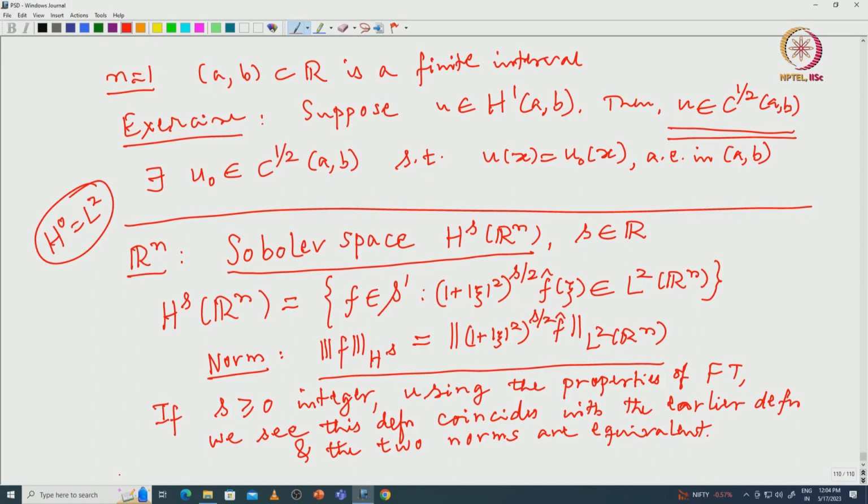This is one advantage of dealing with Sobolev spaces in the entire space. This tool of Fourier transform you will not get when working in a proper domain of R^n. So, with that remark, now I come to this Sobolev lemma.